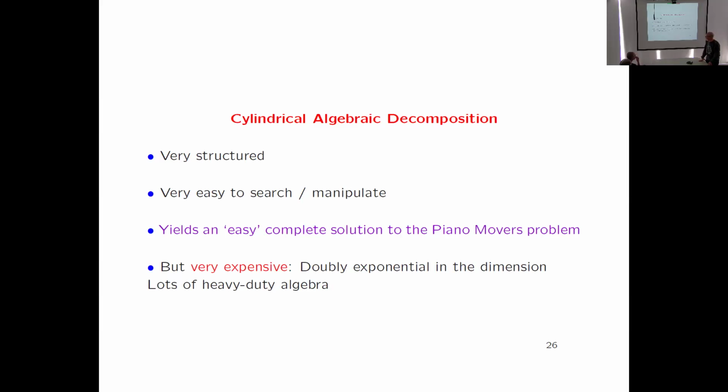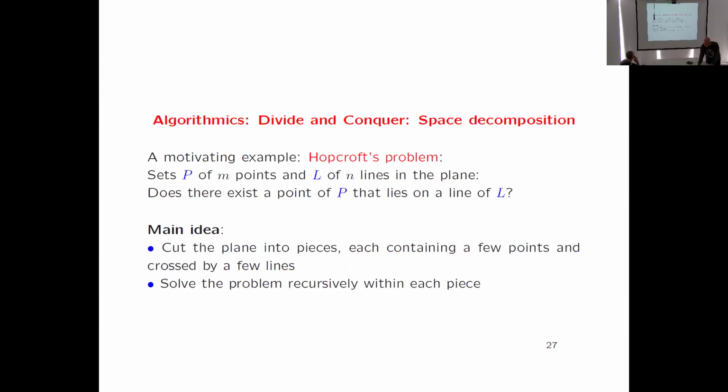It hides very heavy-duty algebra to obtain this decomposition involving resultants and sub-resultants. I don't want to say anything more about it. But it gives you a method to do a space decomposition, which is useful to solve problems using divide and conquer, which I'll show you in a minute.